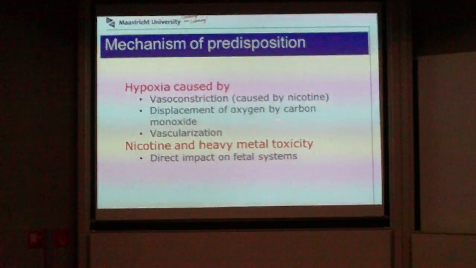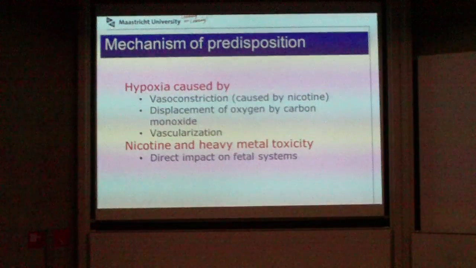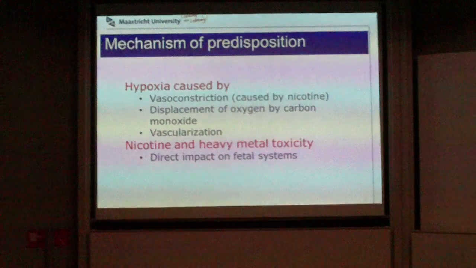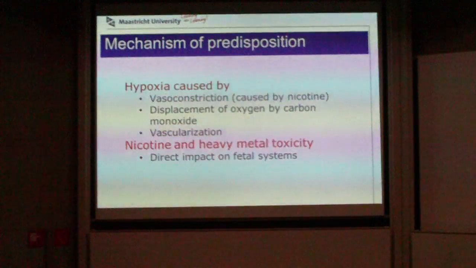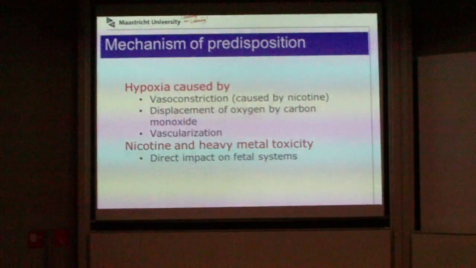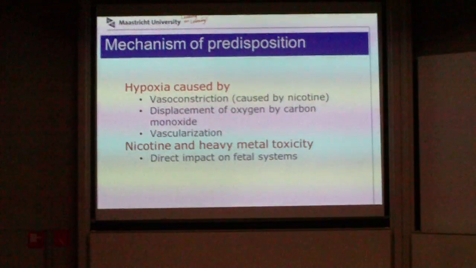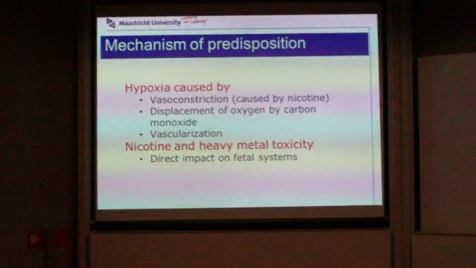It can be displacement of oxygen by carbon monoxide, because we know that carbon monoxide is one of the compounds in cigarette smoke. It can impair vascularization, or it can be direct toxic effects of heavy metals that were also implicated. It has a direct impact on the development of the fetus.